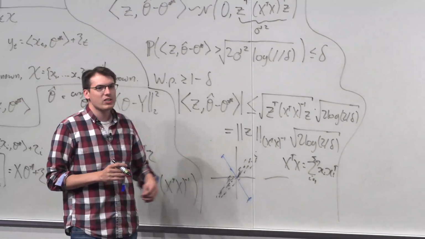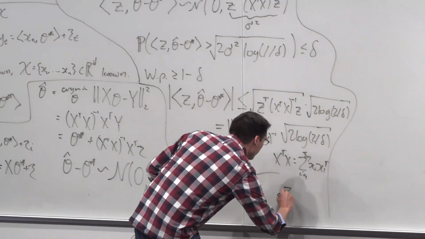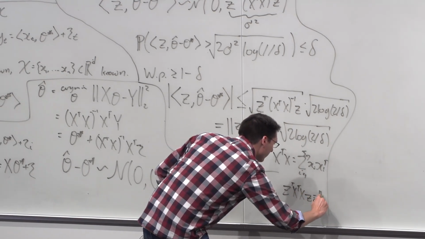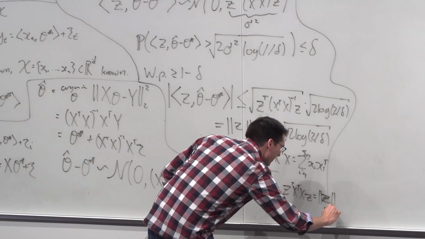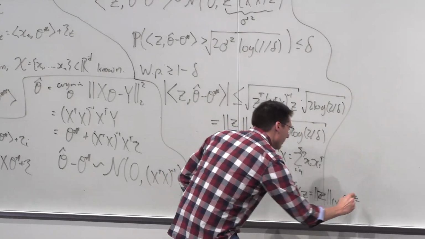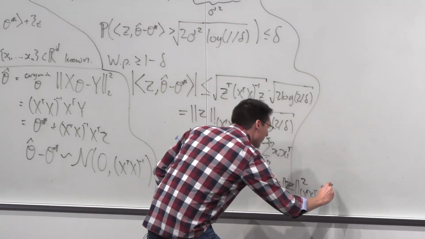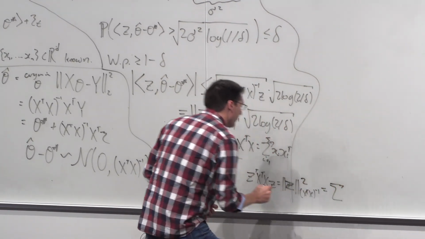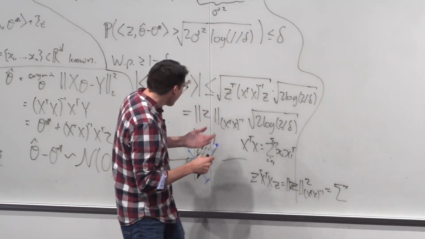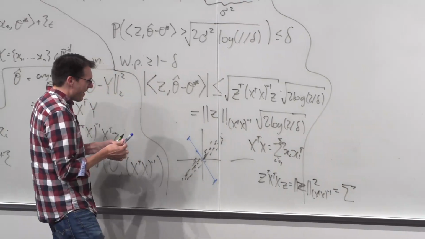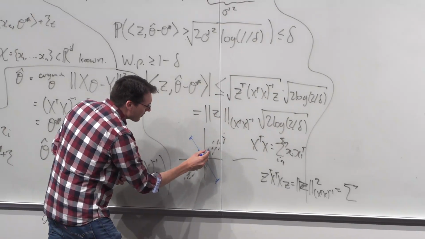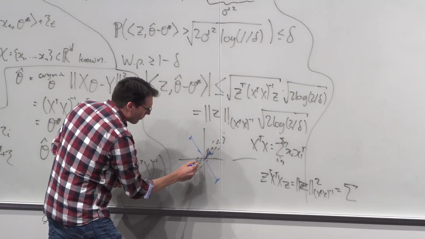So if I put a z on both sides, z transpose X transpose X z is equal to the sum of squared inner products, and the norm of z with respect to (X transpose X) inverse is essentially z going on both sides, but with the inverse, and so it's difficult to picture. That was a bad example going down this road. But I have a lot of energy in this direction, and so the confidence interval in this direction z will actually be very small.